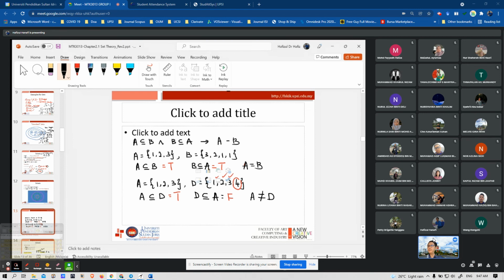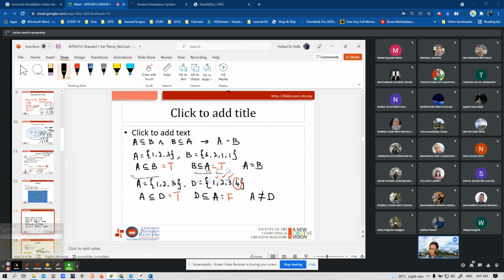Okay, for example, if we have A subset of B and B subset of A, we can define it as set A equal to set B. Is A a subset of B? True. Is B a subset of A?